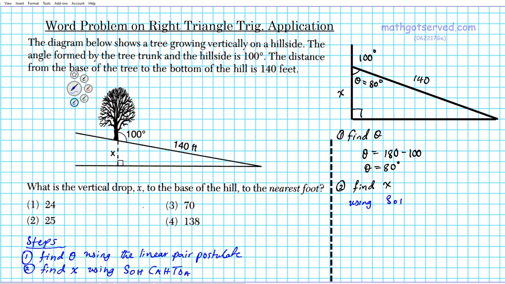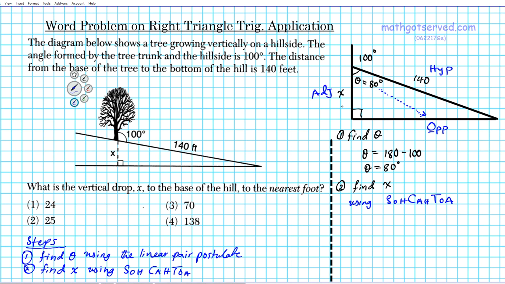Sine is equal to opposite over hypotenuse, cosine is adjacent over hypotenuse, tan is opposite over adjacent. We just label this triangle. If this is a reference angle, this side is going to be the opposite, the O in SohCahToa. The longest side is the hypotenuse, H in SohCahToa, and this is the adjacent.